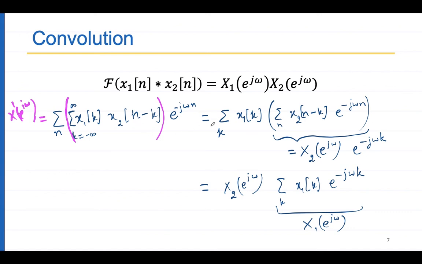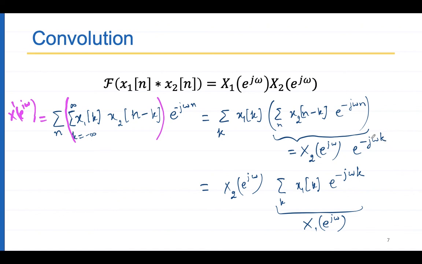Now you just switch the summation. Take the n terms inside, and only this term involves n. And you know what the Fourier transform of this part is. You have already computed that for a time-shifted version, the Fourier transform is the original Fourier transform multiplied by a phase term, and that phase term is e to the power minus j omega k, right?